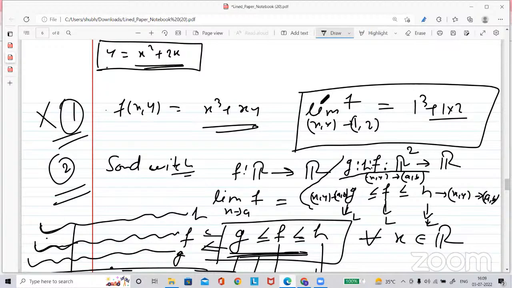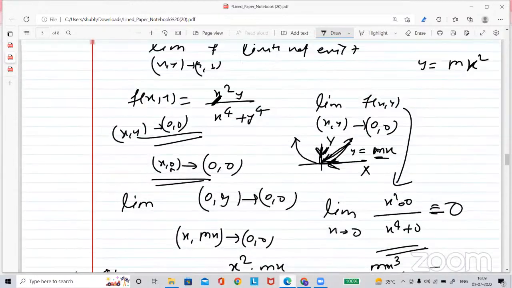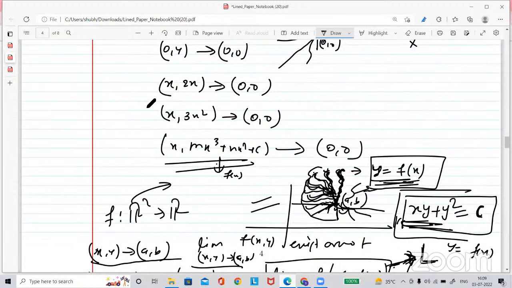Once you find the limit, then continuity, then the gradient. If you have a doubt you want to solve, you can ask, or we can stop the session also.